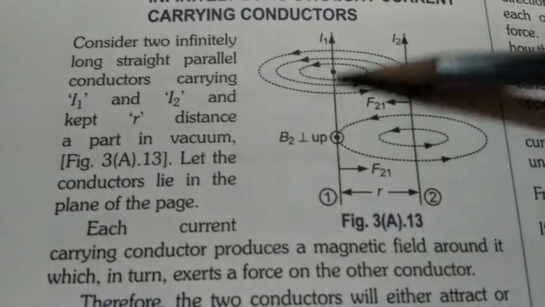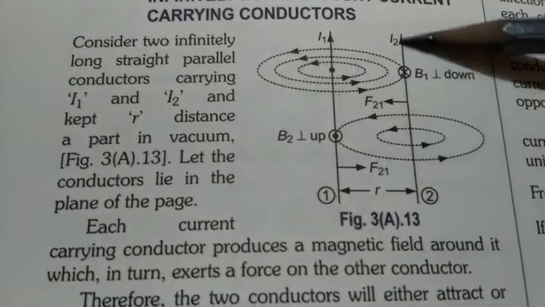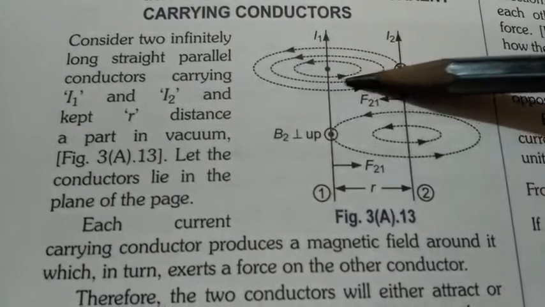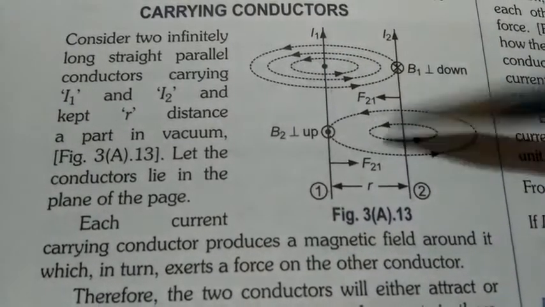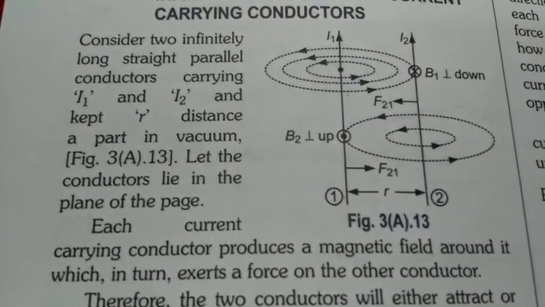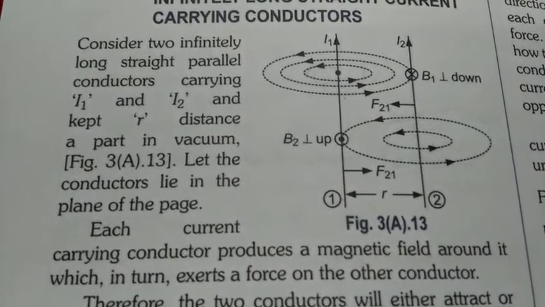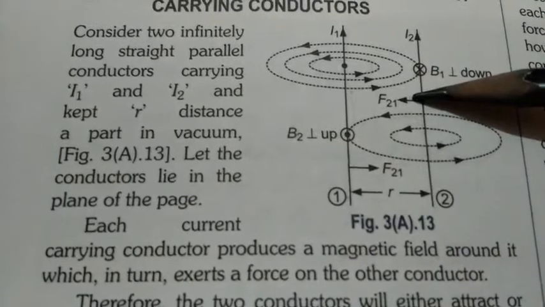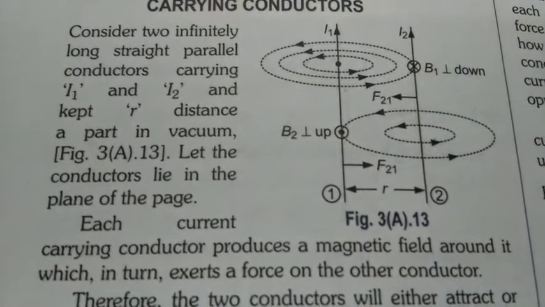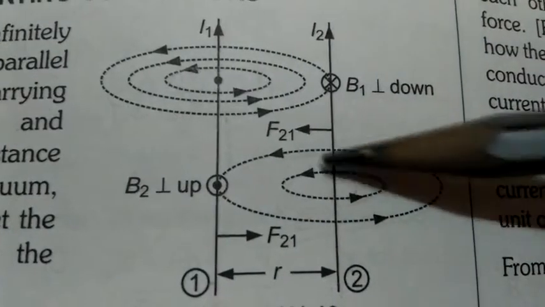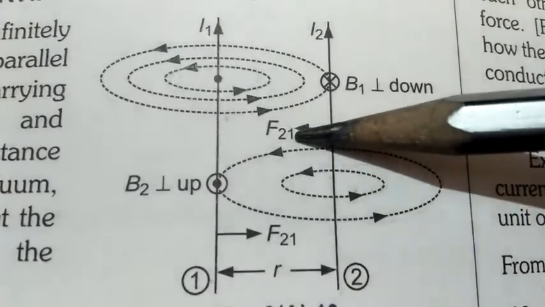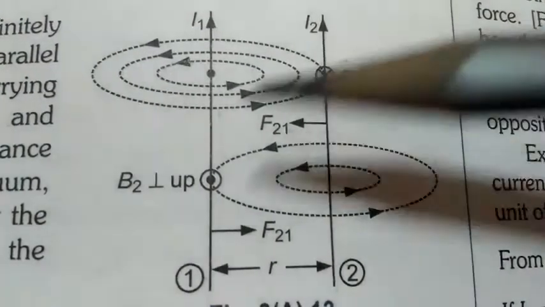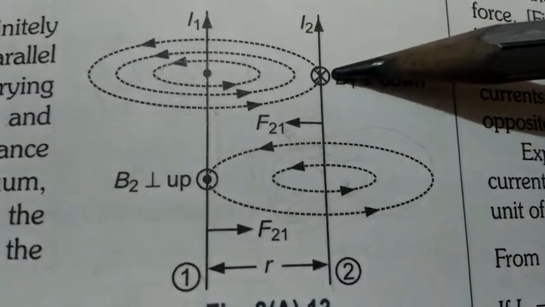And here you can see, because both the conductors have current in the same direction, the direction of the field is also the same, and that's why one kind of attraction force will be there. This is F21, the force on the second conductor because of field B1.